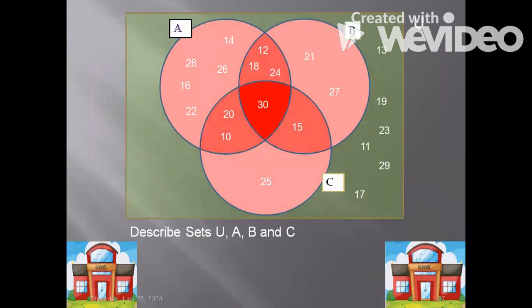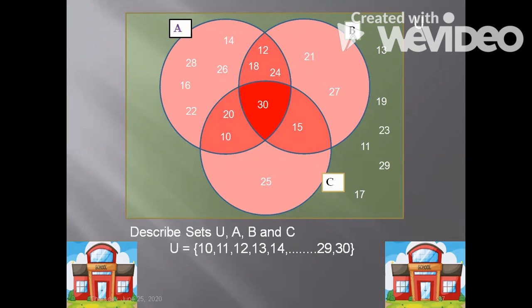Okay. Next question. Describe the universal set, set A, set B, and set C. So have a look at those. Look at the elements in set A. What do you think? Well, the universal set is just a set of counting numbers starting at 10 and ending at 30.